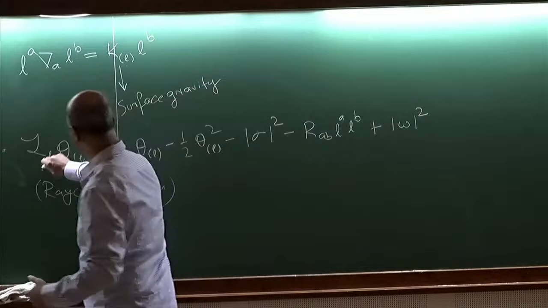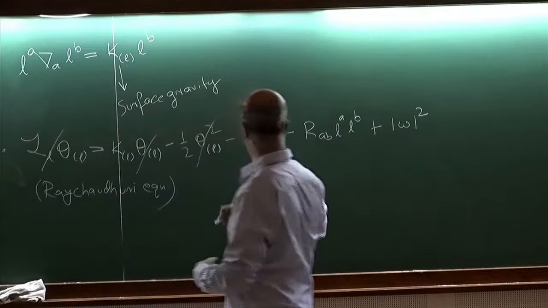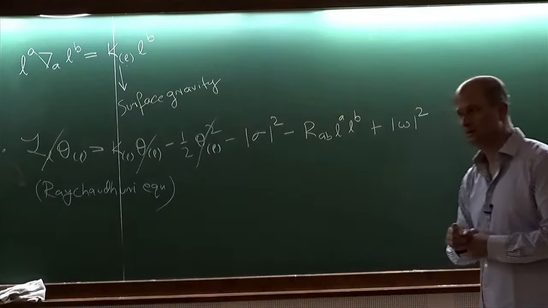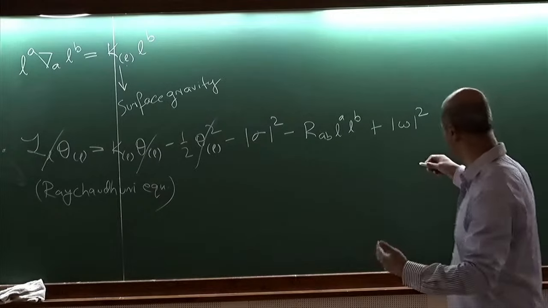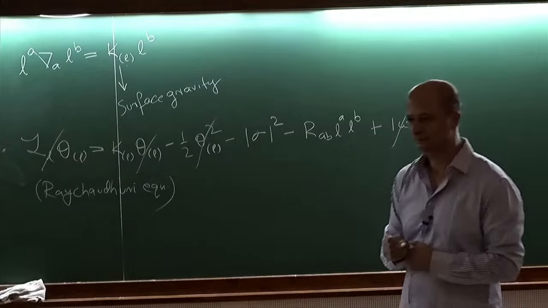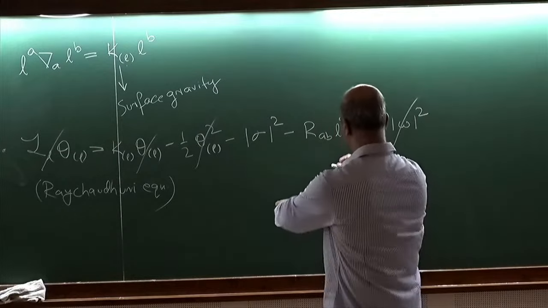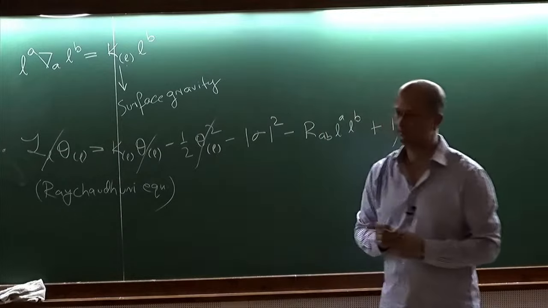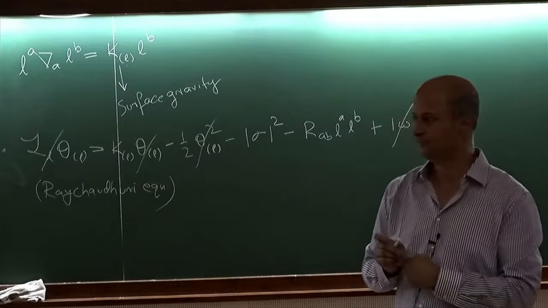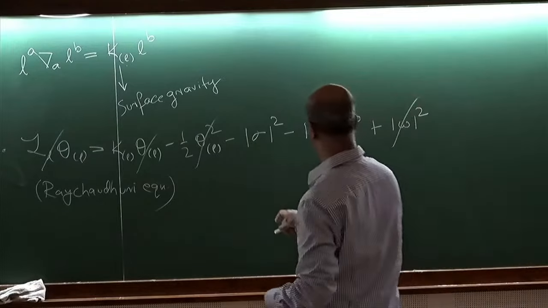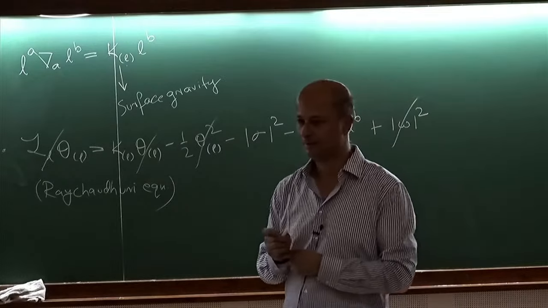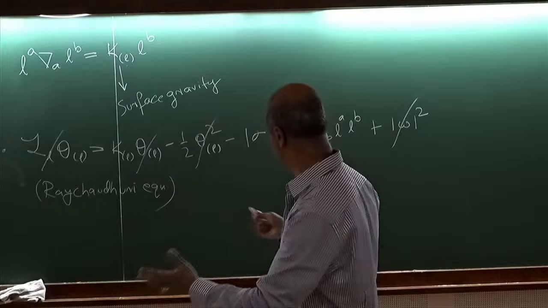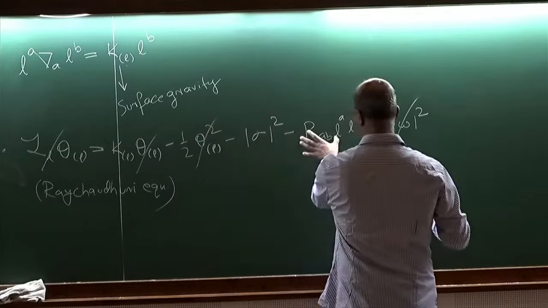So this term is 0, this is 0, and this is 0. The L forms a horizon, so the twist is also 0. So you just have these two terms, and they both appear with the same sign, and that is important here.